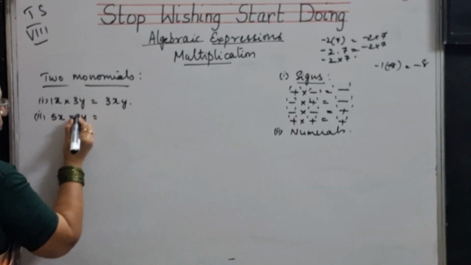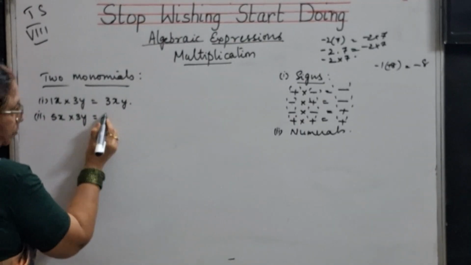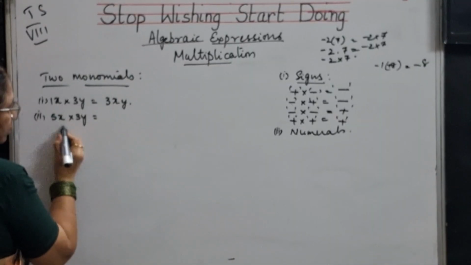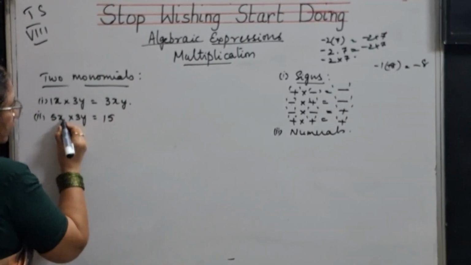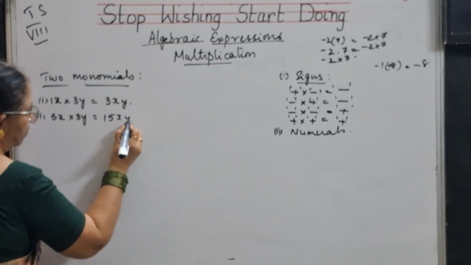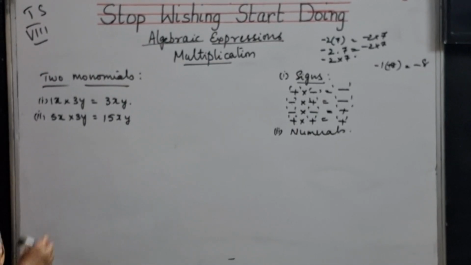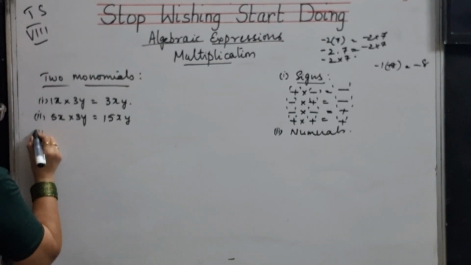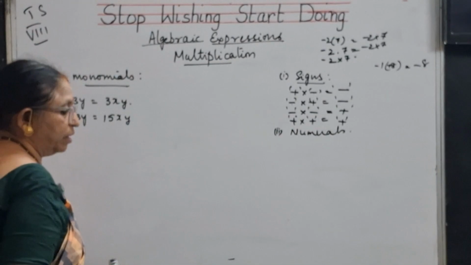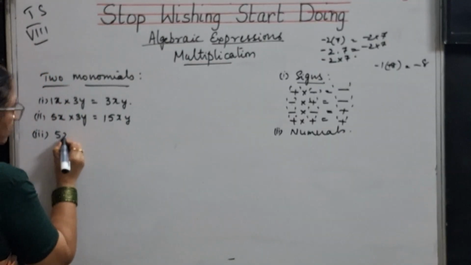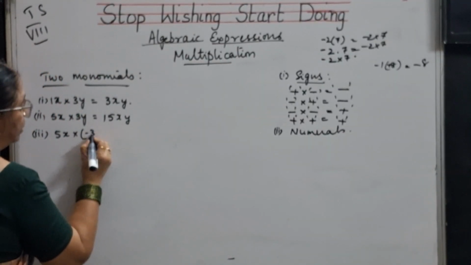So here also, when you multiply the signs of plus into plus, plus, no need to write. Then numbers 5 into 3, 15, x into y, xy. Different terms, so you will be writing them as it is. And the third one, 5x into minus 3y.